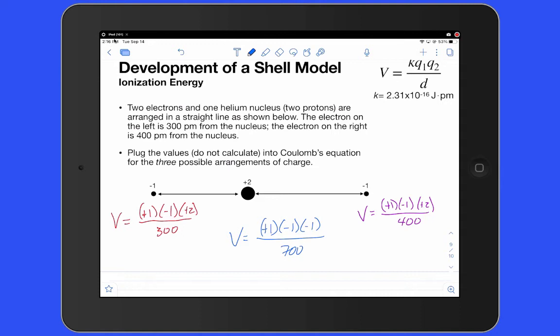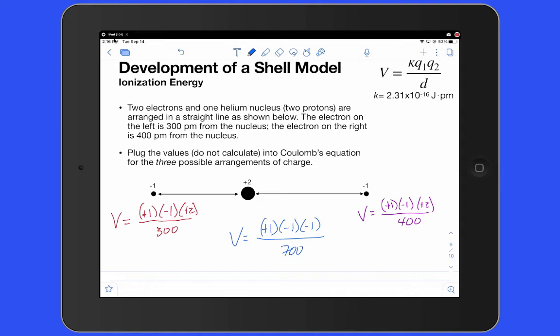Okay, there are 3 different combinations here. These are the 3. How do you get the last number?